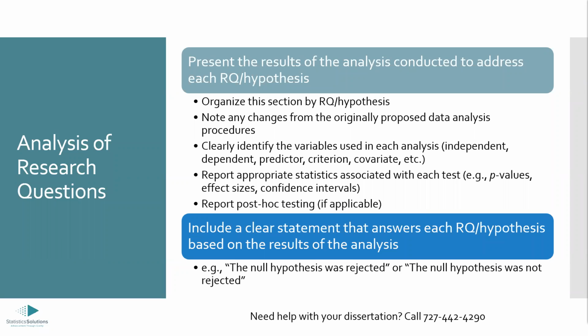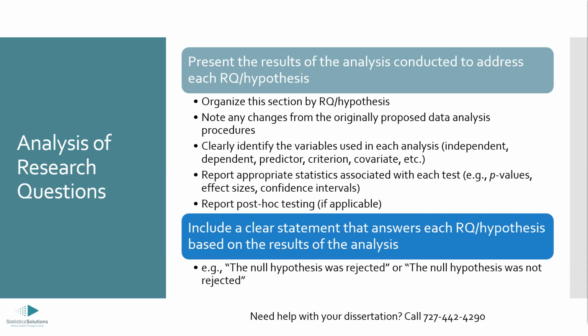And in terms of the results for each analysis, you want to report the appropriate statistics associated with the specific test that you're doing. So usually include p-values, measures of effect size, confidence intervals, the test statistics, so like the t statistic for a t-test, the F statistic for an ANOVA.